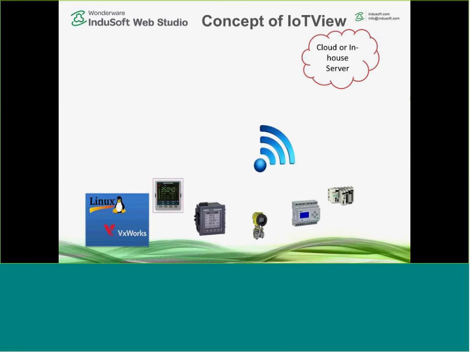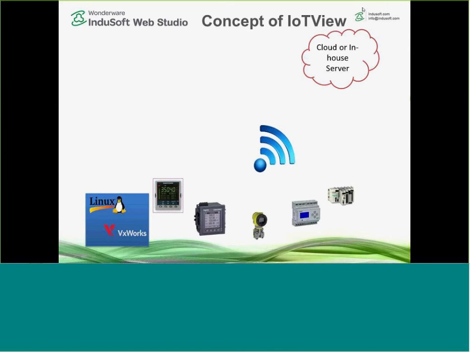There's a good chance that it's going to have some type of real-time control, whether it's VxWorks or Linux, or maybe the next generation of product might have that. Could be a PLC, could be a networking type device.